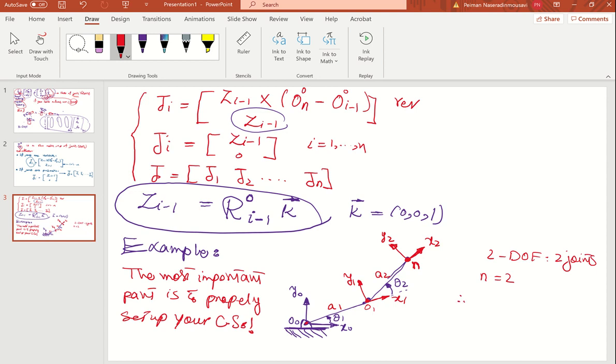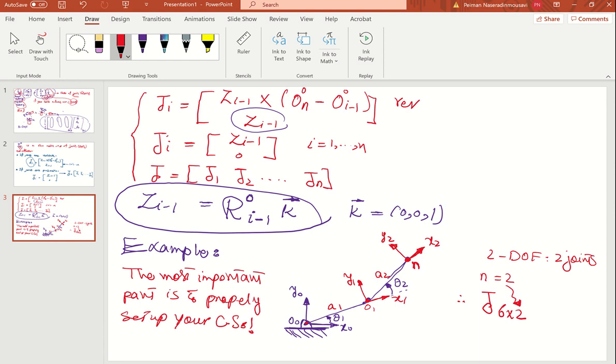So your Jacobian, which I'm going to calculate now, must be 6 by 2. This 2 comes here. 6 by 2 is your Jacobian. Now I want to see how I can translate the velocity of the joints to the velocity of the end effector.